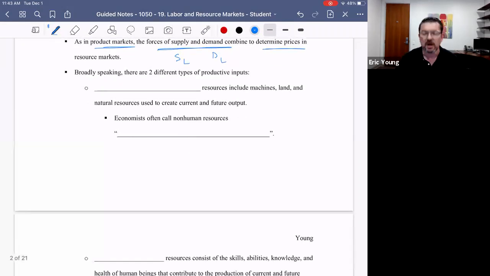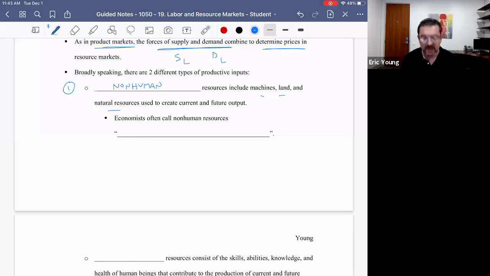In terms of context, it's also important to know that broadly speaking, we can take all these different types of inputs, okay, these factors, these resources, and break them up broadly into two categories. The first category would be non-human resources. Non-human resources would include things like machines and land, and even natural resources.